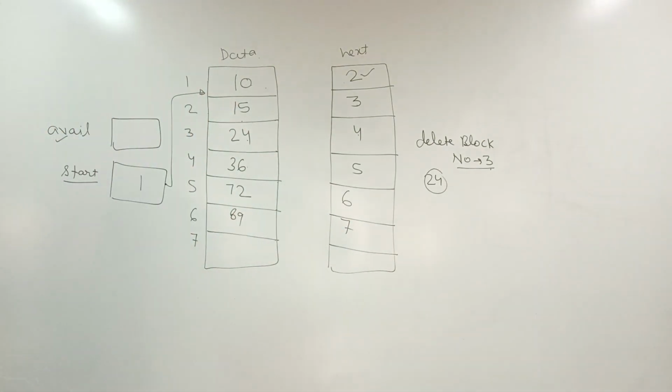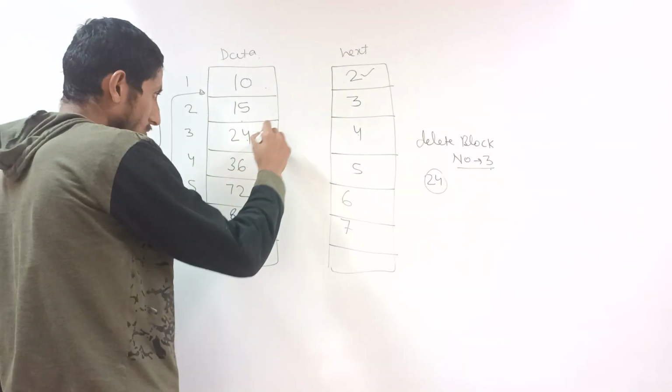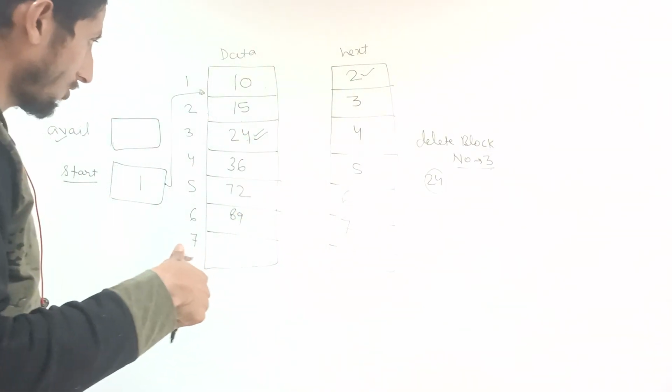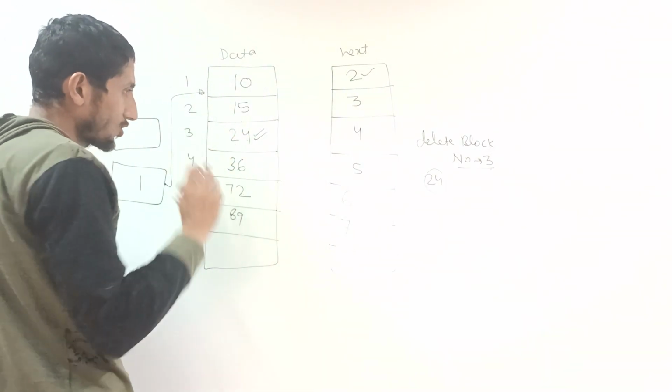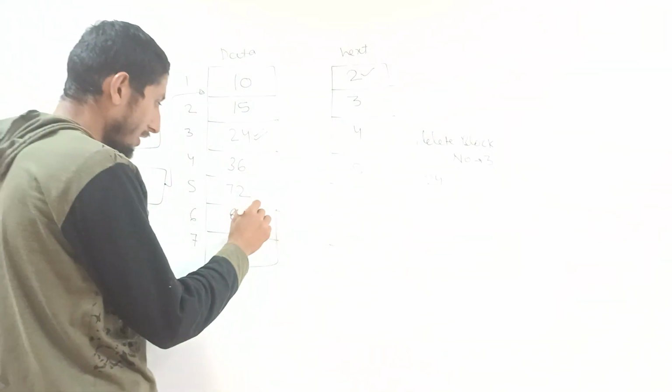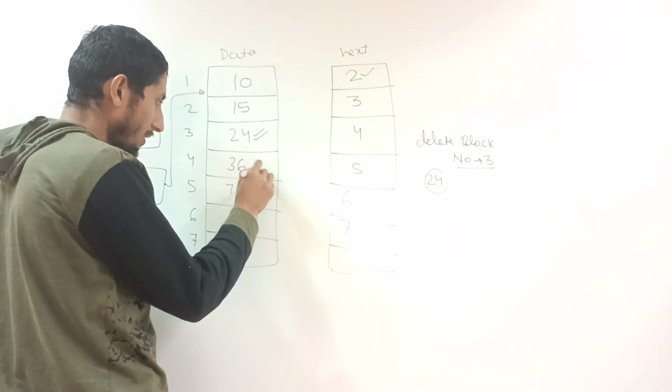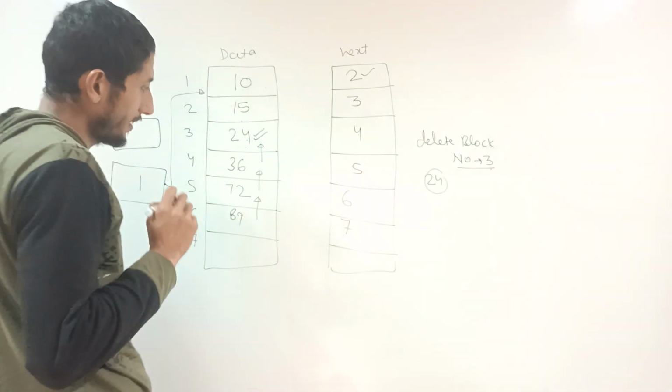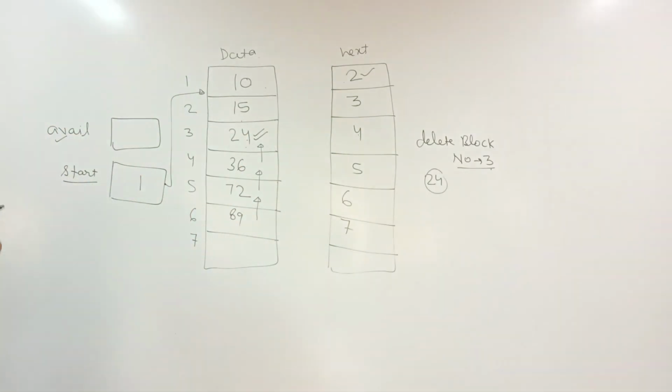So someone is requesting me to please delete 24. In the case of a normal array, what I have to do, 89 will come here, 72 will come here, and 36 will come here. It means it contains a lot of shifting.